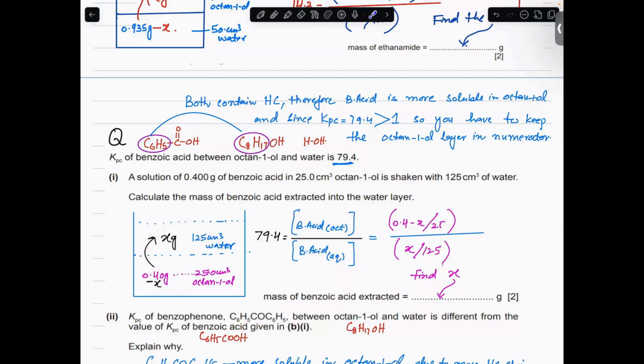Now your next step: which one is in the numerator? The one in which the solute is more soluble, which is octan-1-ol. So you have to put 0.4 minus x over 25 in the numerator, and the denominator is x.